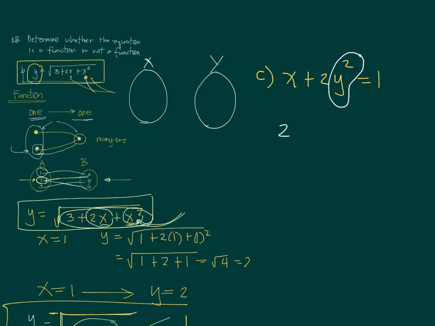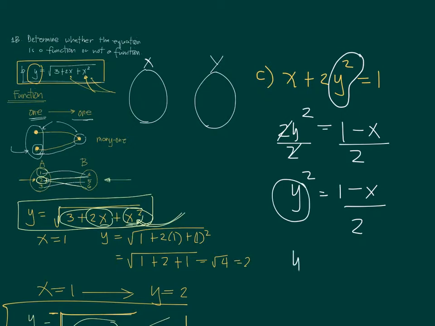When you simplify this into 1 minus x, subtracting x on both sides and then dividing by 2, y squared is equal to 1 minus x over 2. So upon getting y, this leads to plus or minus the square root of 1 minus x over 2. You are now expecting two values of y. So letter C is a mere relation.